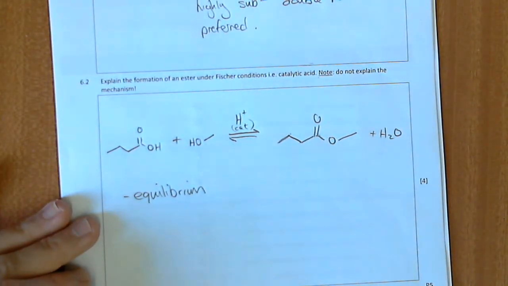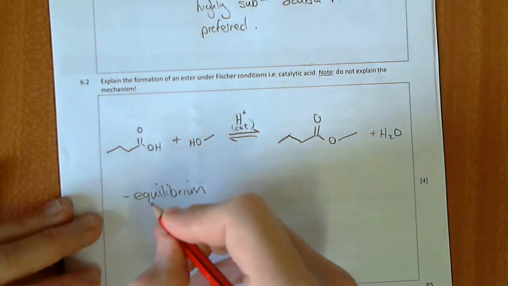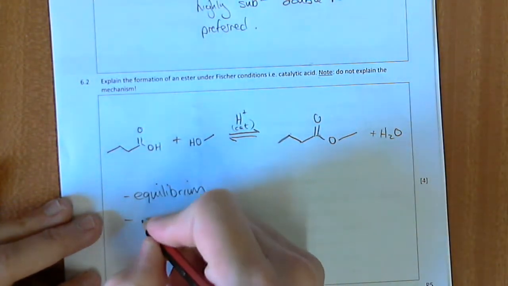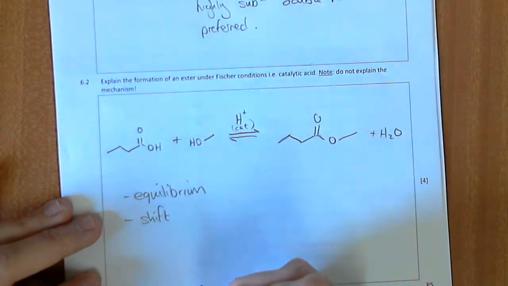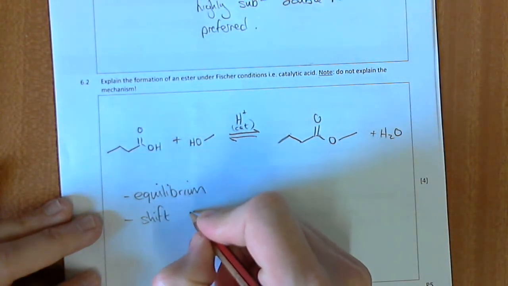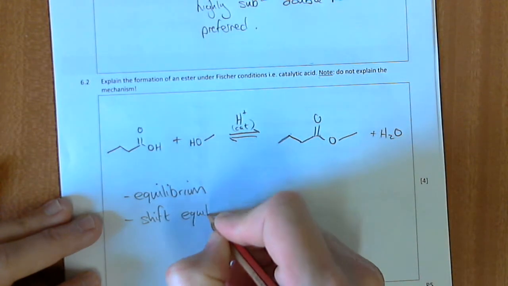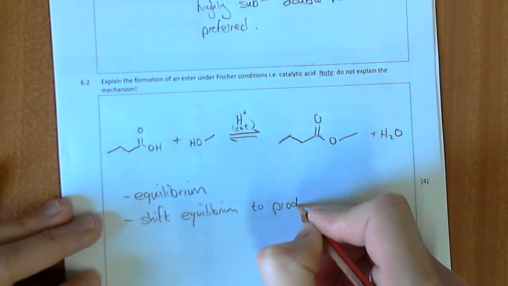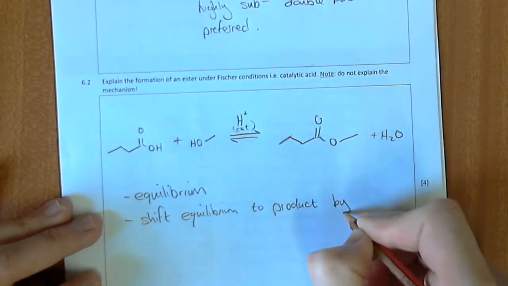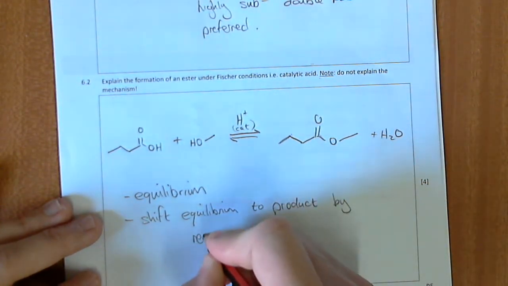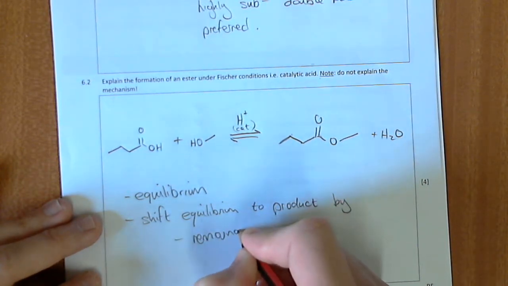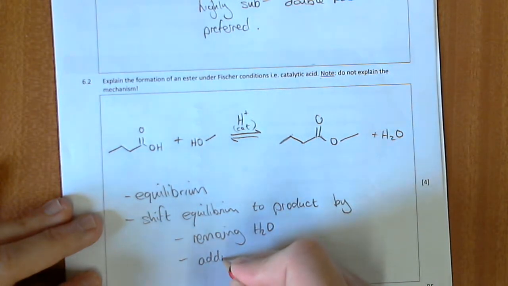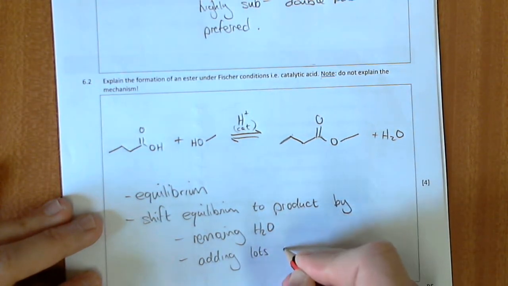And if we want to make lots of product, and this is almost bonus marks in my opinion, shift equilibrium to product by, give some examples: removing water, which you couldn't do in your prac, or adding lots of alcohol.